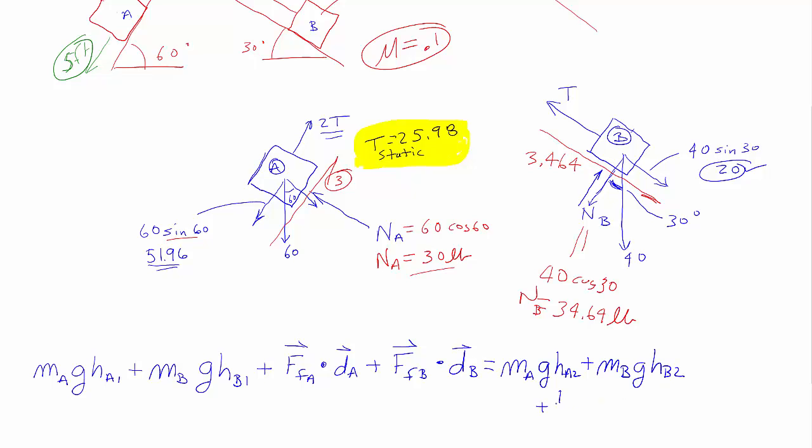Now I do have velocities: 1/2 mAvA squared, plus 1/2 mBvB squared.